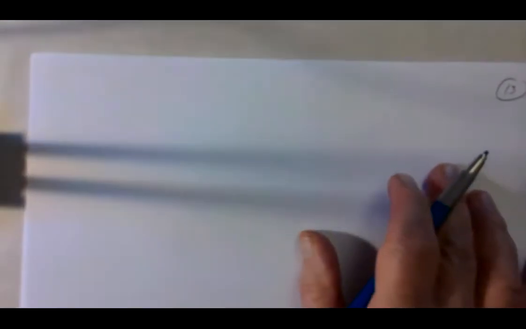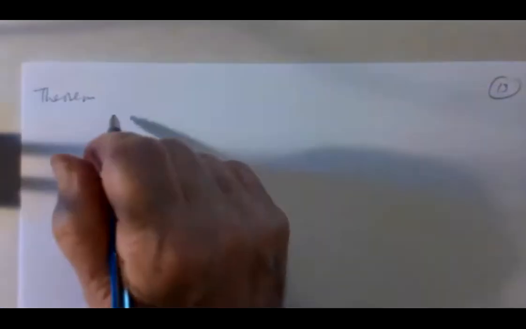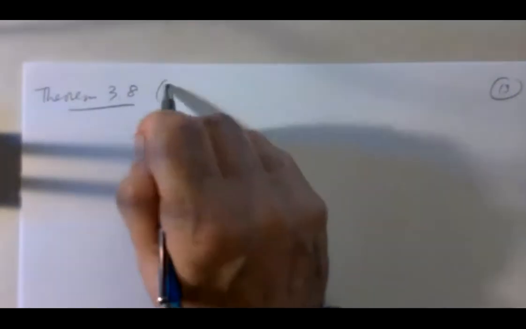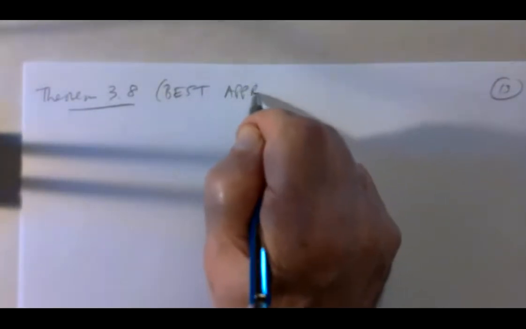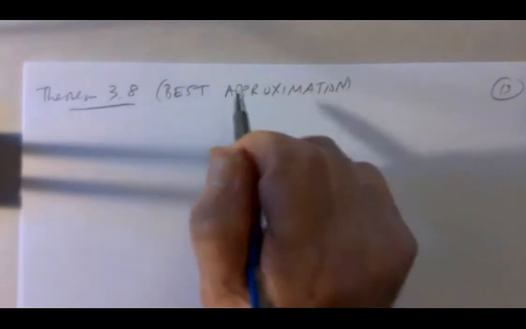And the great property of these Fourier coefficients is the following. This is in the text, Theorem 3.8, which is called best approximation. And what it says is the following.